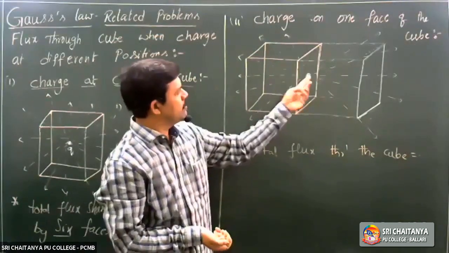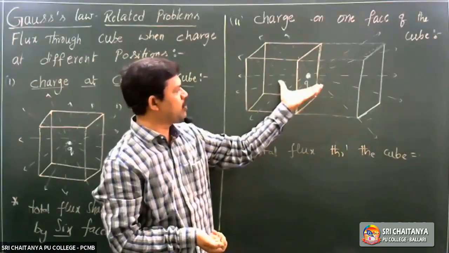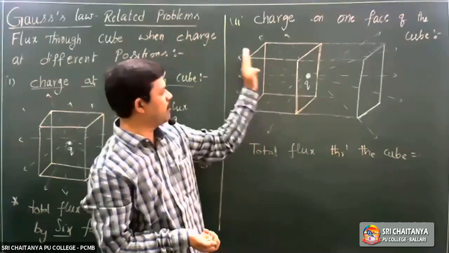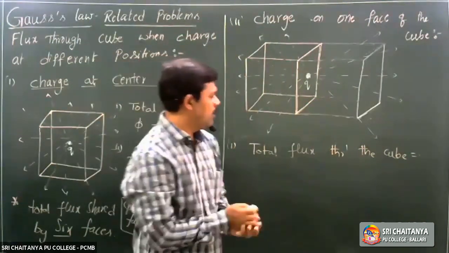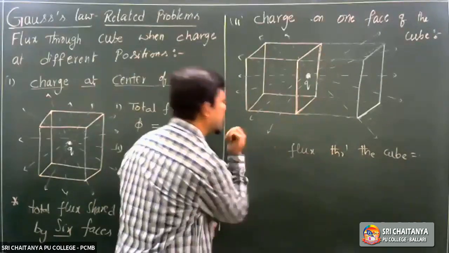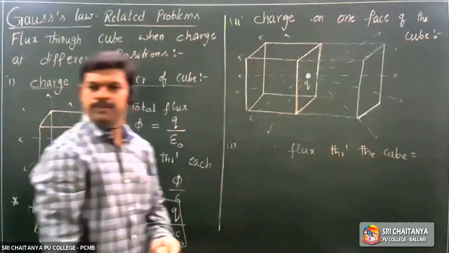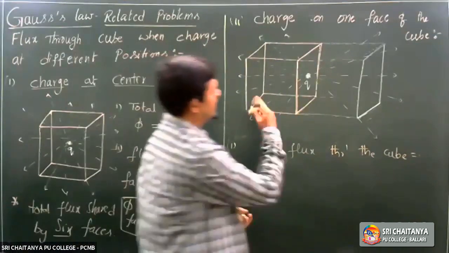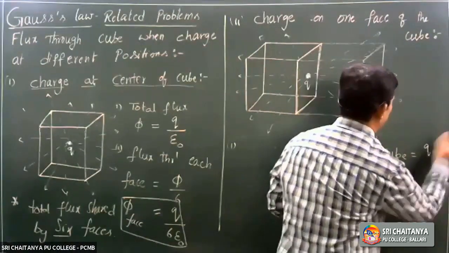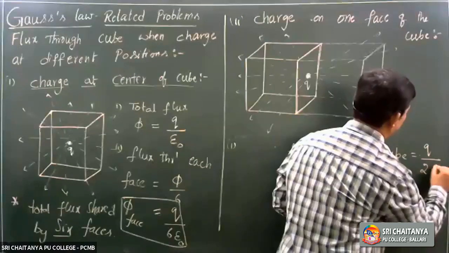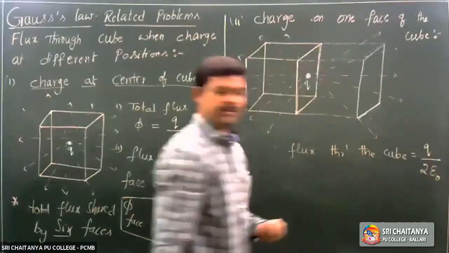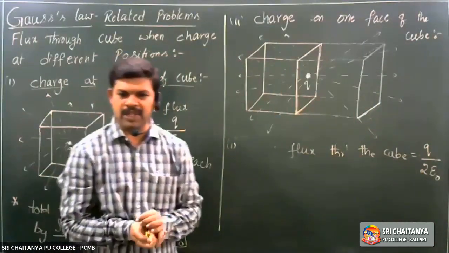From the diagram, that flux is shared by two, so the flux linked with the cube is Q by 2 epsilon naught.